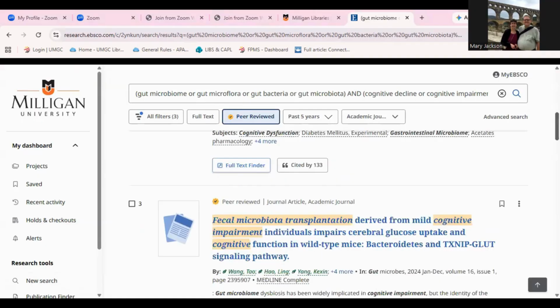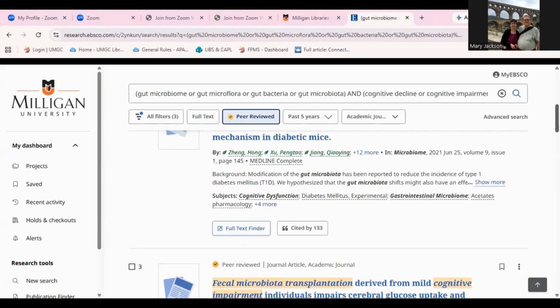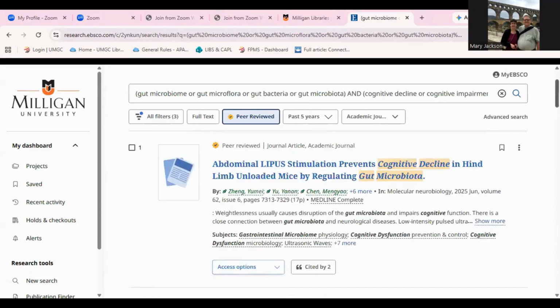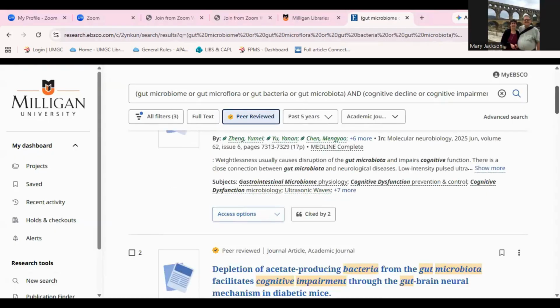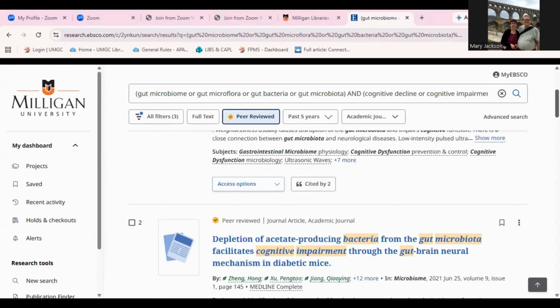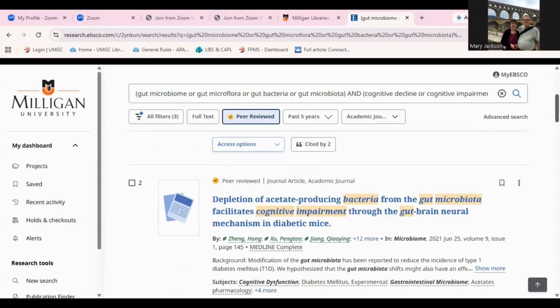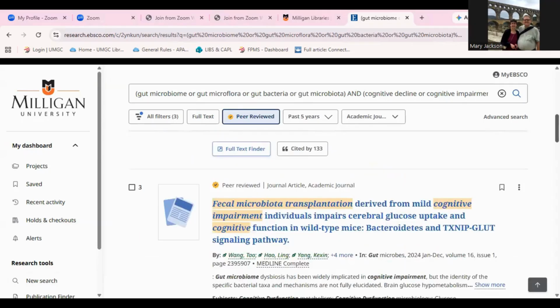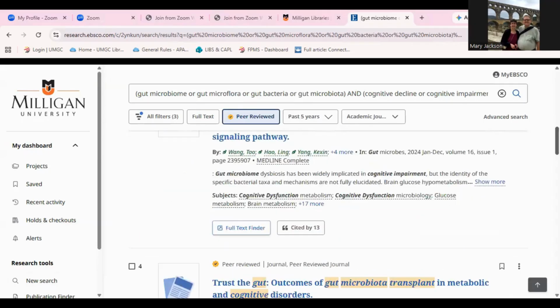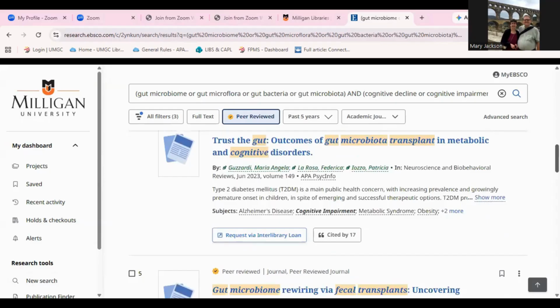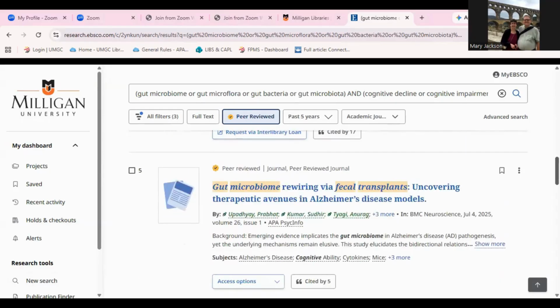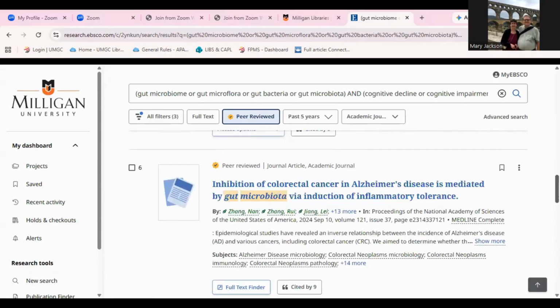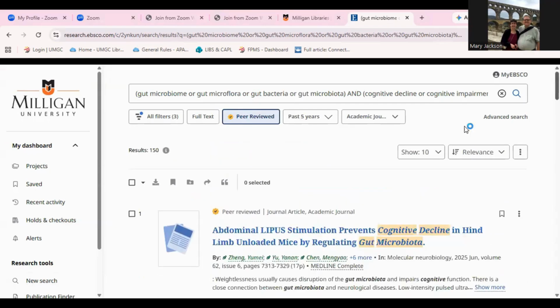But as I look at this, it's also good to look through this and make sure that you've got all the search terms. Here's cognitive dysfunction. And so maybe I want to look at that. I also see the term cognition, and I don't have that.